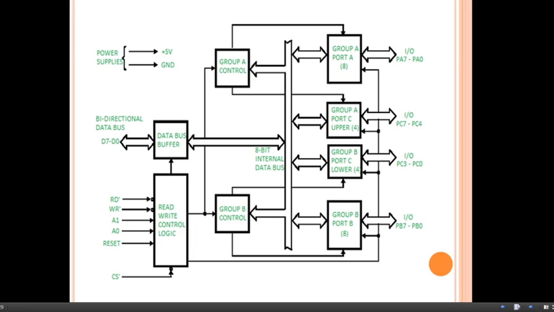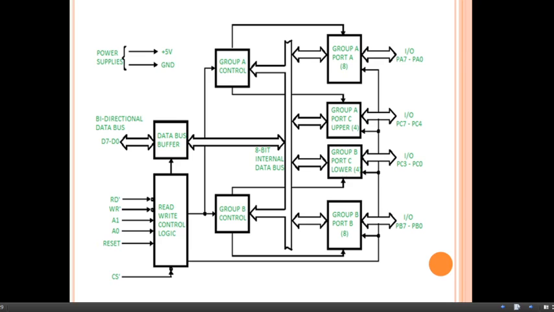Now group A control will control port A and port C upper, and group B control will control port B and port C lower. Here port C upper is nothing but pins PC4 to PC7 and port C lower is nothing but PC0 to PC3 pins.